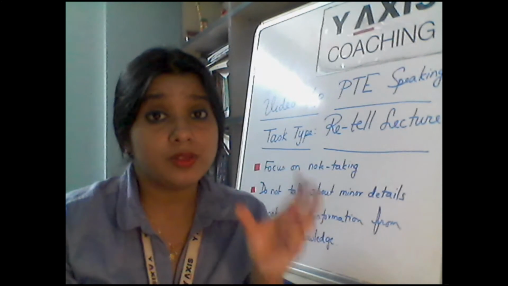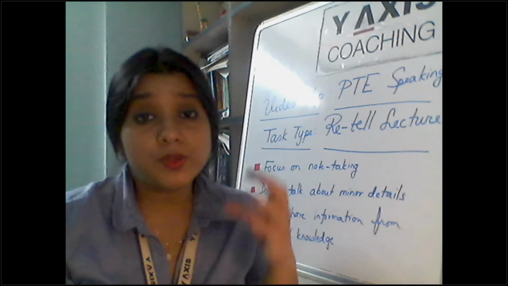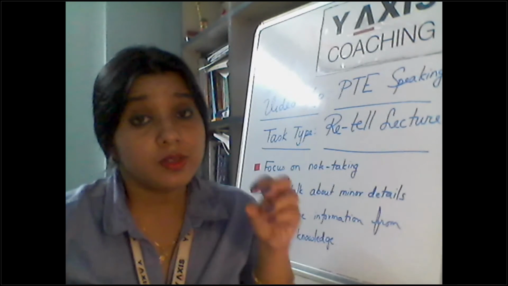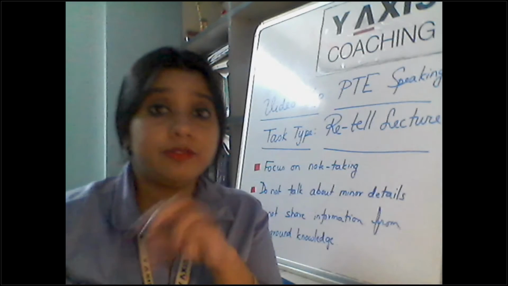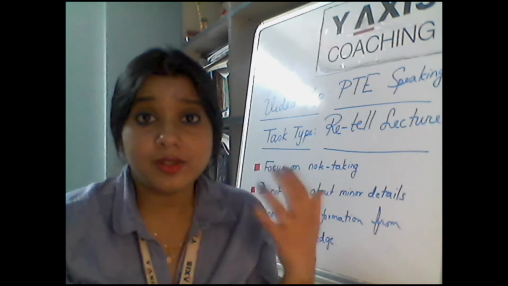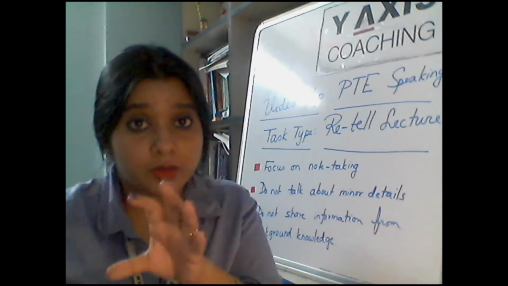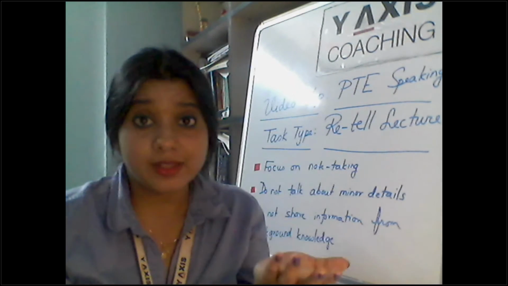So mention what it is all about, and then make use of suitable discourse markers in order to maintain the flow. You can follow this template. The lecture is about whatever it is. The lecturer discusses this. He further emphasizes this.